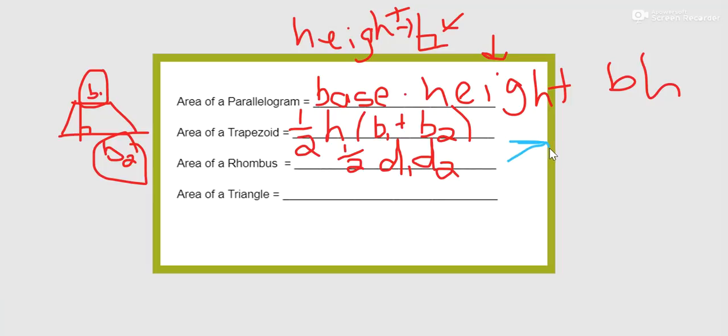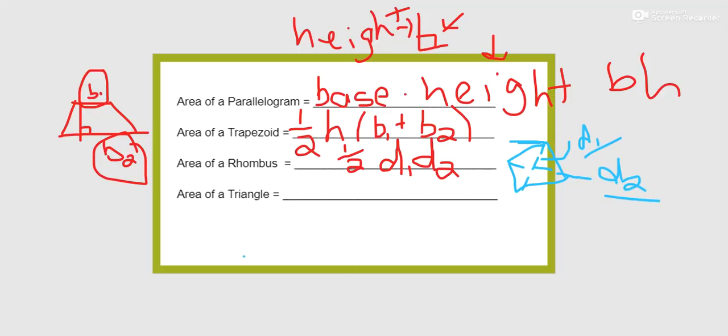Remember? Kind of looks like our diamond. And in this, there are different diagonals. So what goes from side to side? So we would say this one is D1, and this one is D2. So we are multiplying all of these together. We're multiplying D1 by D2 and timesing it by 1/2 as well.